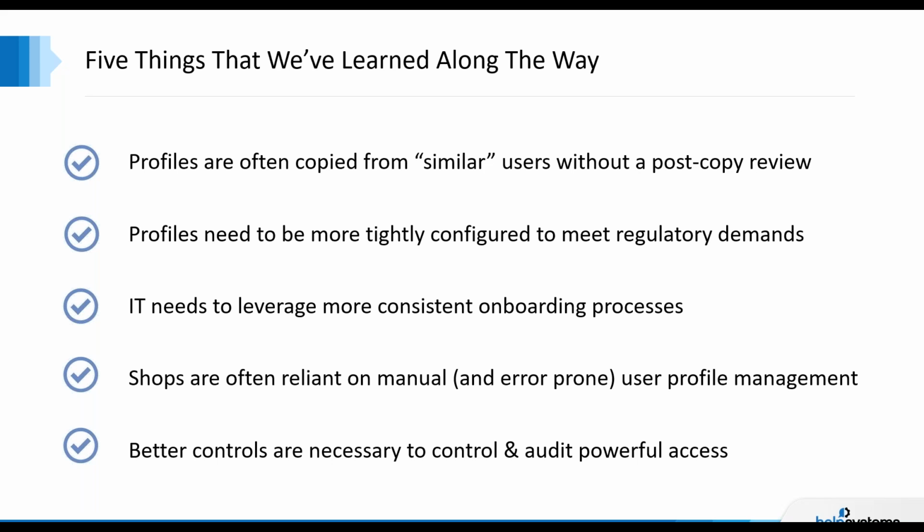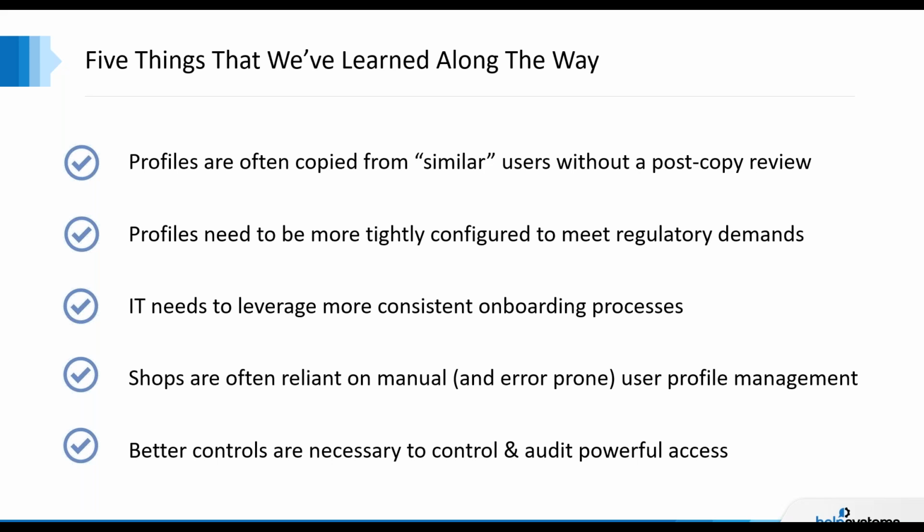We also know that these profiles tend to need tighter configuration in order to meet regulatory demands. Most regulations that are built on a framework like NIST require good configuration, the right password strength at the system level, the right assignment of those special authorities that we just looked at. And what we tend to see is that this is pretty loose and prevalent in an IBM i world.